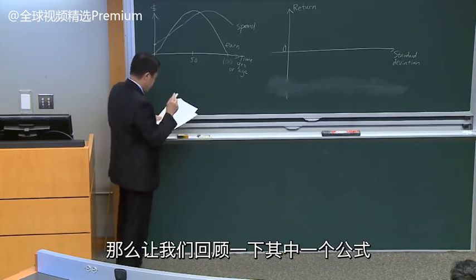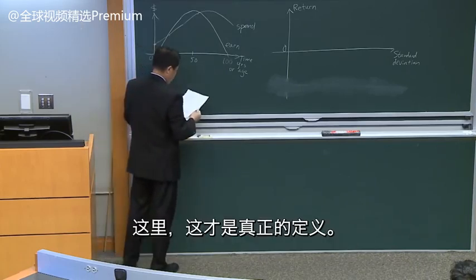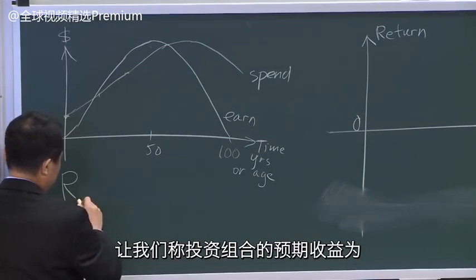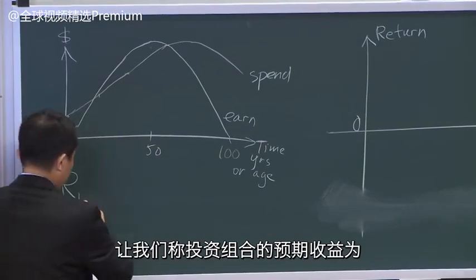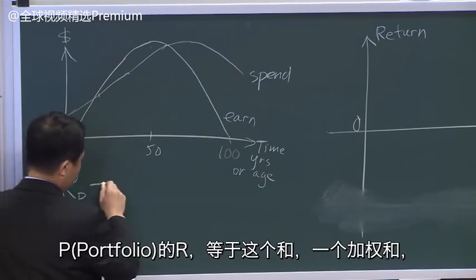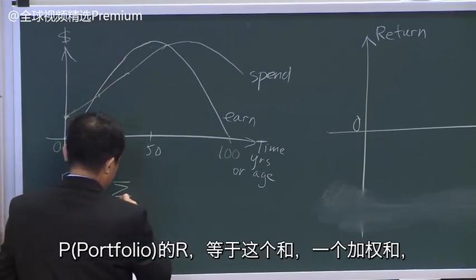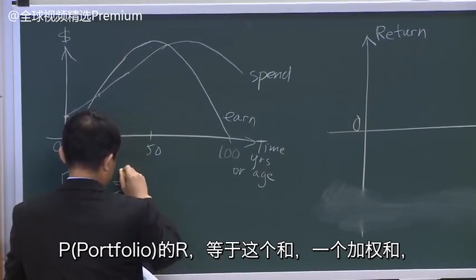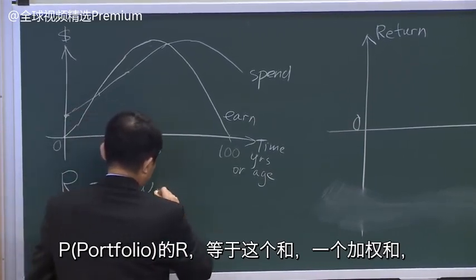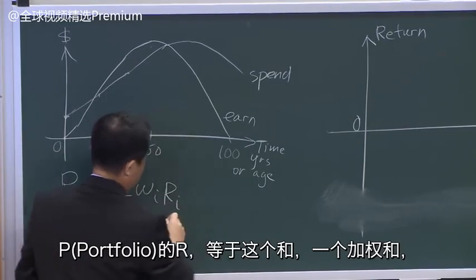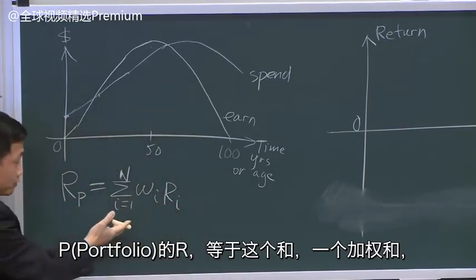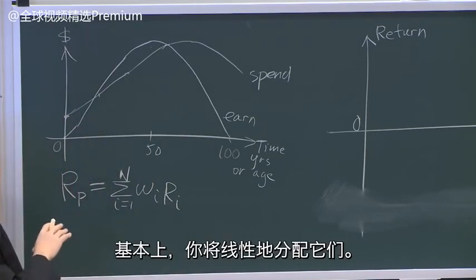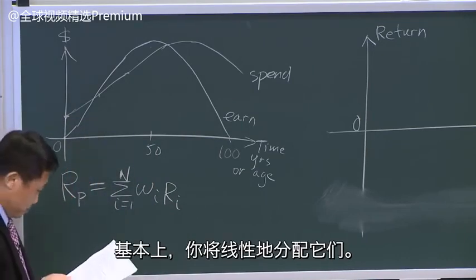So let's review one of the formulas here, which is really the definition. Let's say you have a portfolio. Let's call the expected return of the portfolio R of P, equal to the weighted sum of all the expected returns of each asset. You basically linearly allocate them.